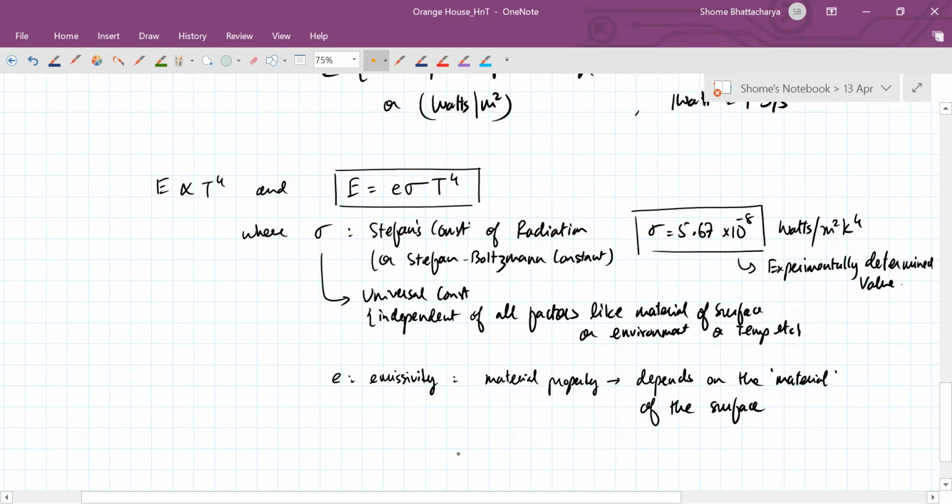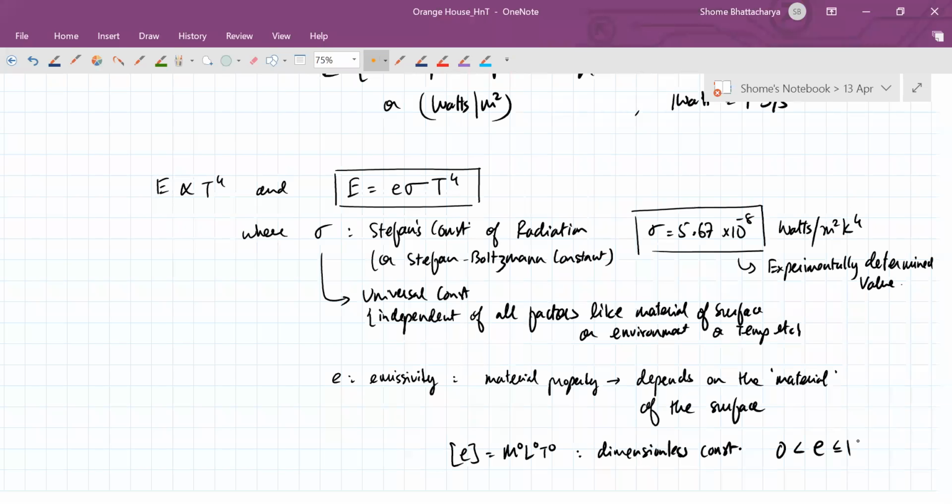Now, emissivity is dimensionless. It is a dimensionless constant, and its value is just a fraction between 0 and 1.